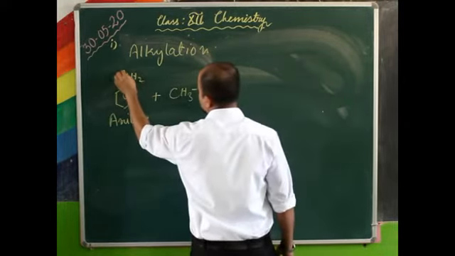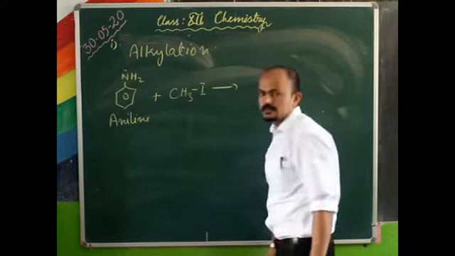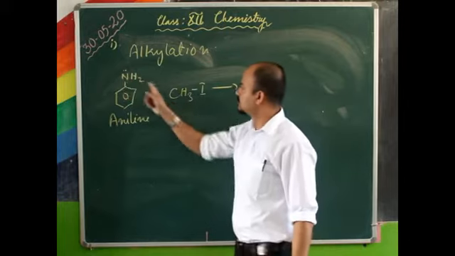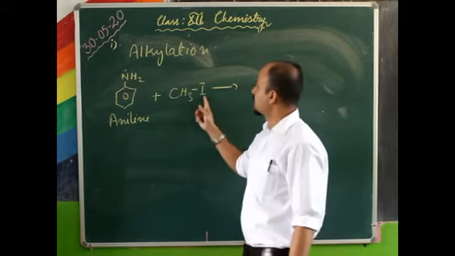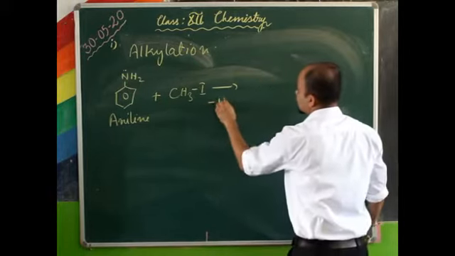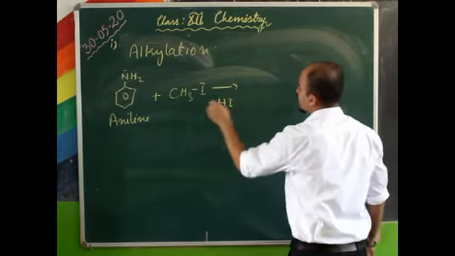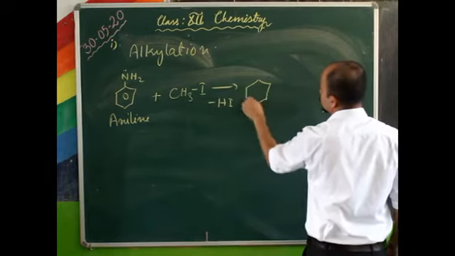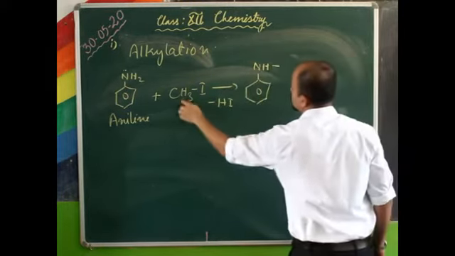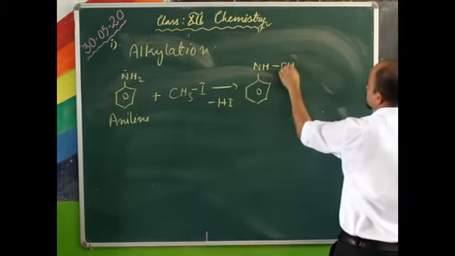Since I have already shown you the mechanism in our previous video, here I am going to write the product directly. This will be bonded with this one iodine, and one hydrogen will be eliminated as minus HI, and here you would be getting NH, and this CH3 group would be attached to nitrogen.